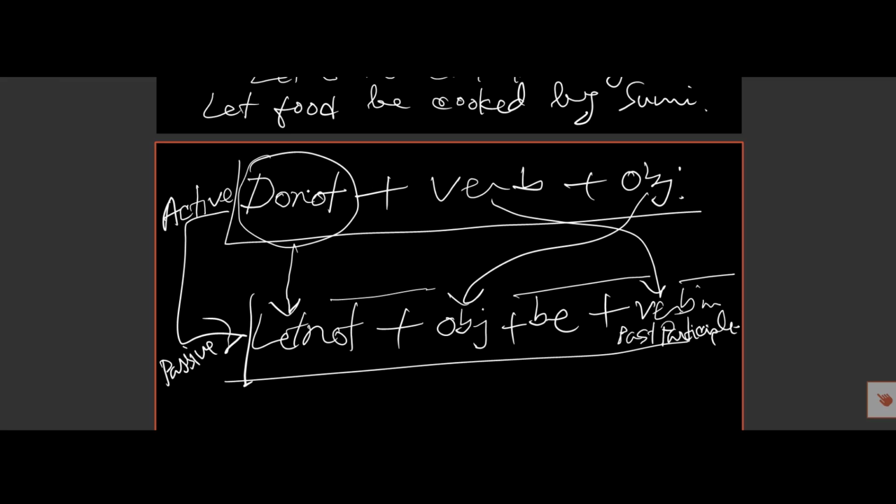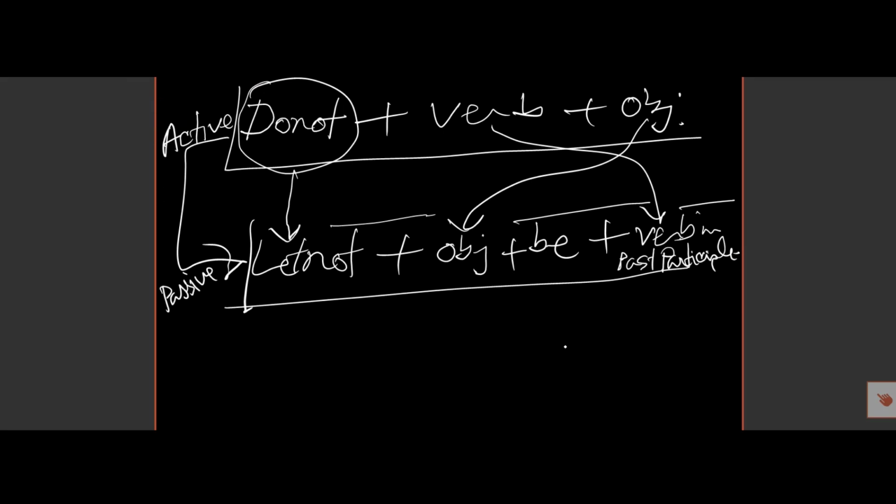I repeat, if the sentence begins with do not, we must begin the passive voice with let not. Then the object will come here, and after the object we must put be, and the verb will be the past participle.